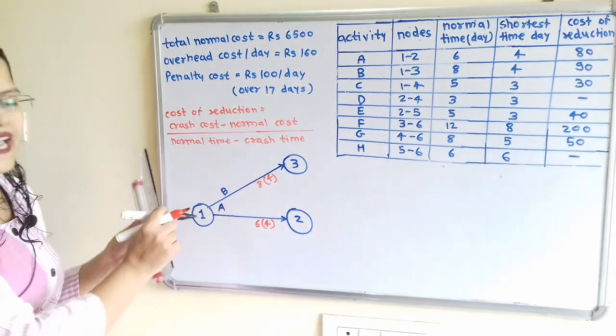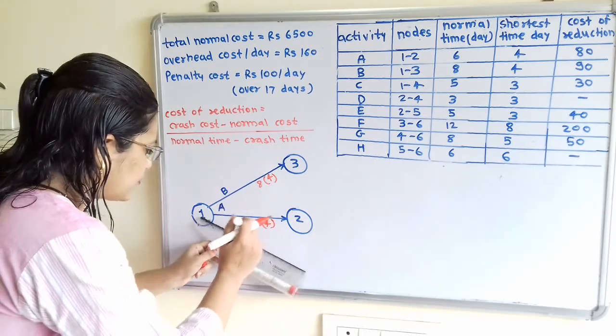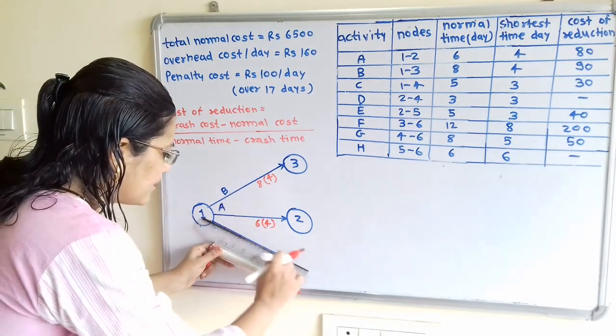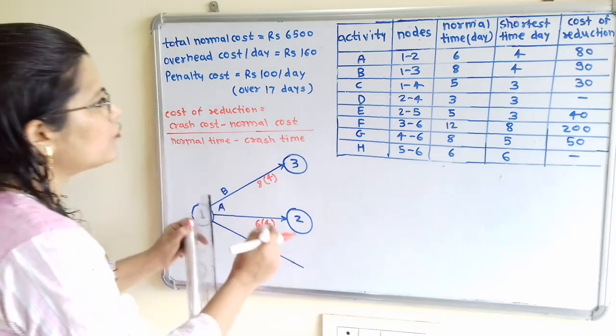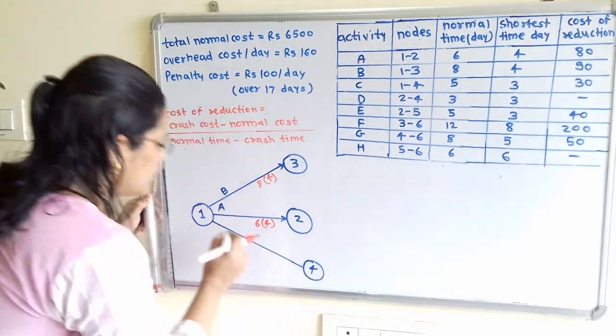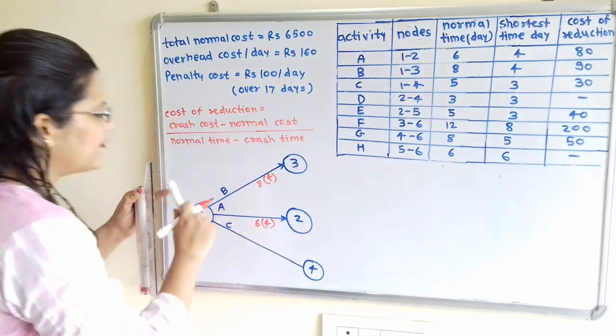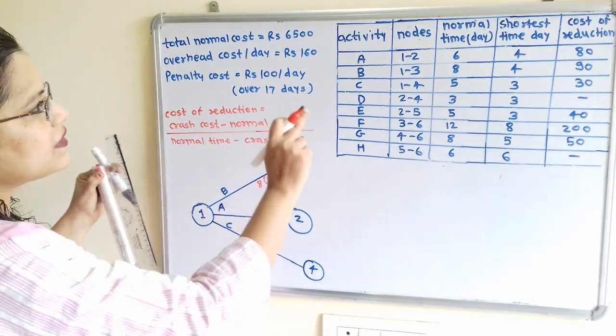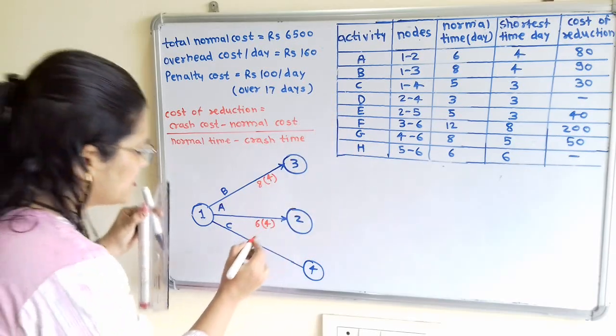Now next is activity C, from node 1 to 4. So we will mention this activity, and for activity C, normal time 5 and shortest time 3.